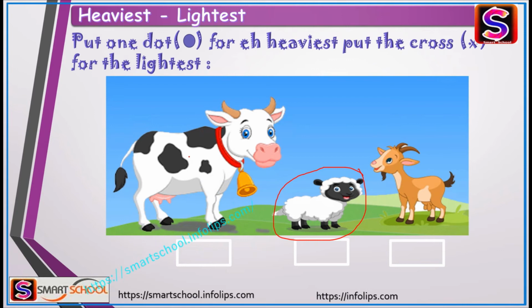We know that the cow has more weight, so we will put the circle on the cow. And the lamb has very little weight compared to the cow and goat, so we will put a cross on the lamb because it is lightest and the cow is heaviest.